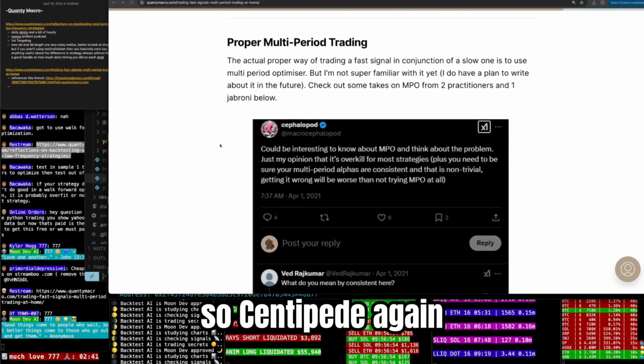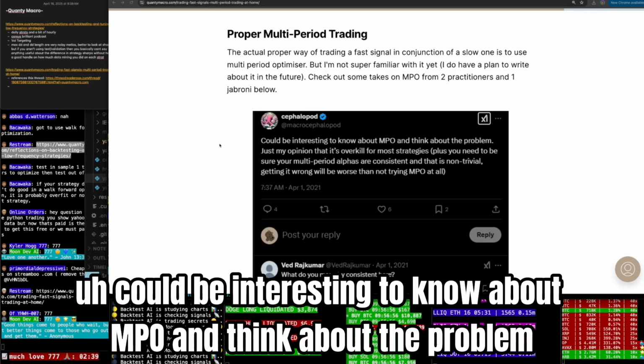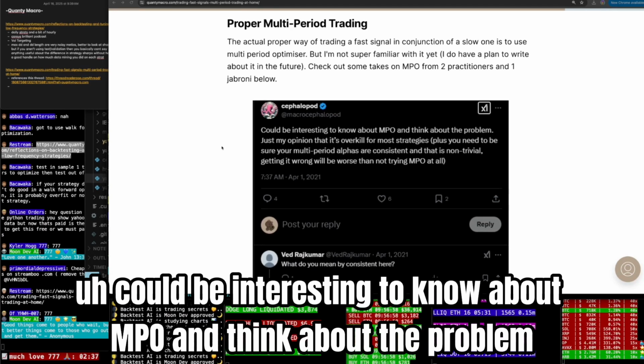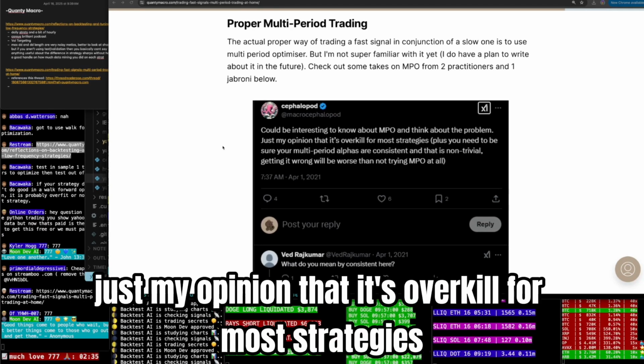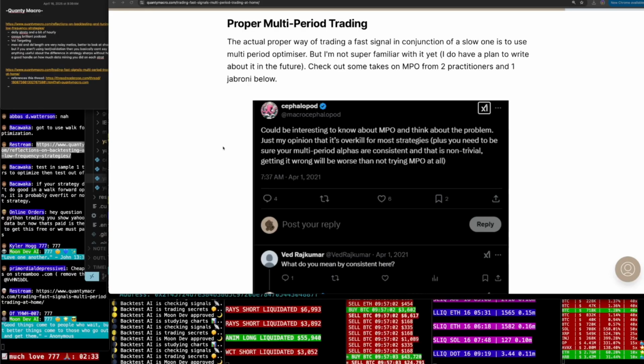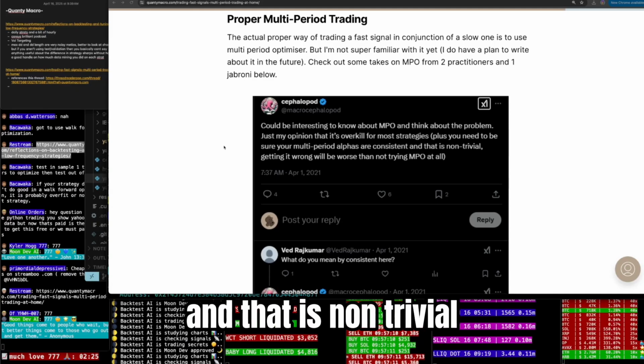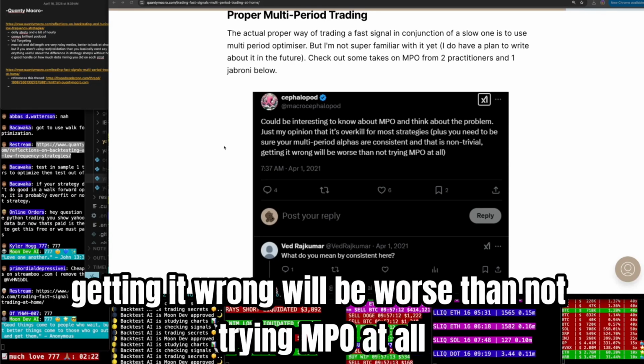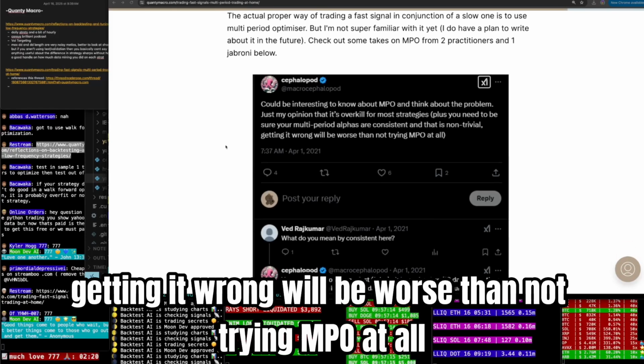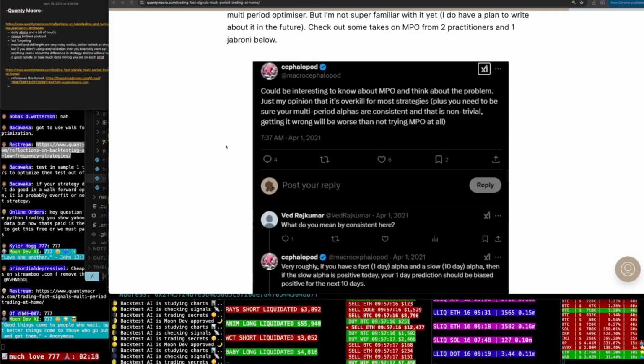So Centipede again: could be interesting to know about MPO and think about the problem. Just my opinion that it's overkill for most strategies. Plus, you need to be sure your multi-period alphas are consistent, and that is non-trivial. Getting it wrong will be worse than not trying MPO at all.